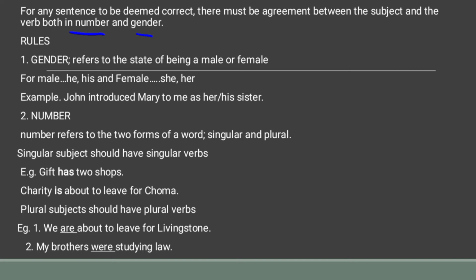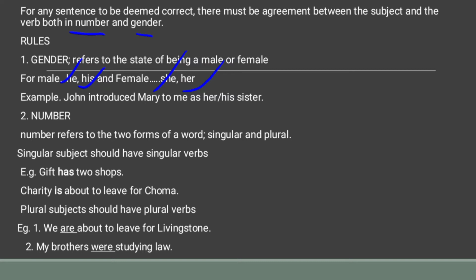Gender refers to the state of being a male or a female. So, for male, we use he as a pronoun, then his to express possession. For females, we use she as a pronoun and her to express possession.